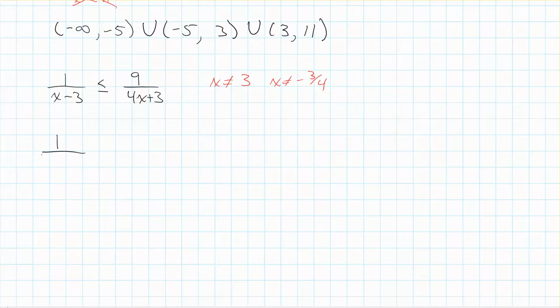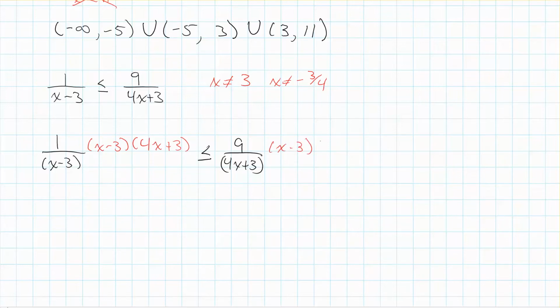So I'd have 1 over x minus 3. I'm going to clear these fractions out. So I'm going to multiply by x minus 3, and then 4x plus 3. And then this is less than or equal to 9 over 4x plus 3, and then this would be times x minus 3 times 4x plus 3.